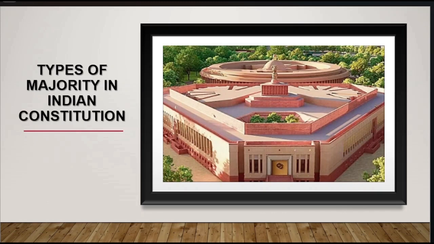Or sometimes when a government is being formed either at the center or at the state level, it's often been said that the government came to power with absolute majority.